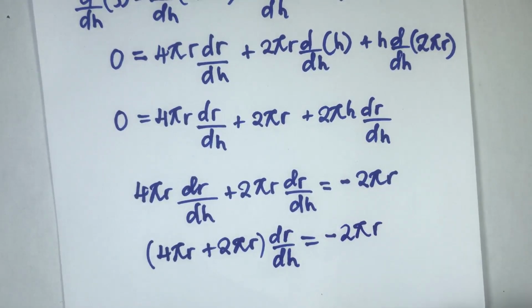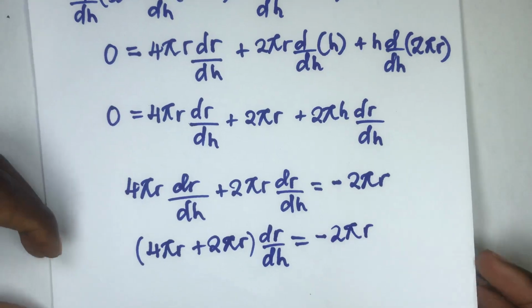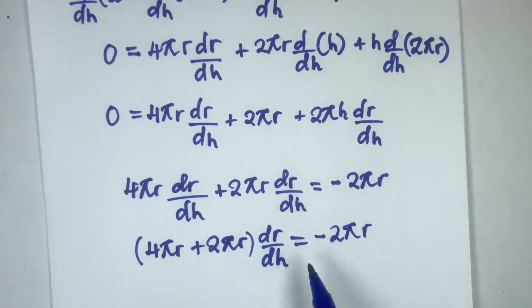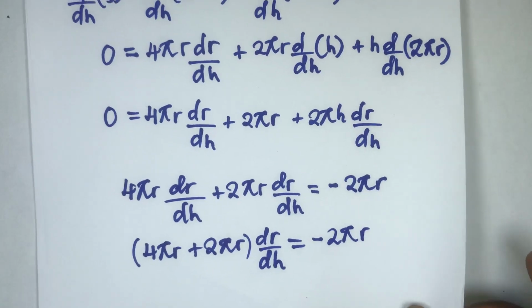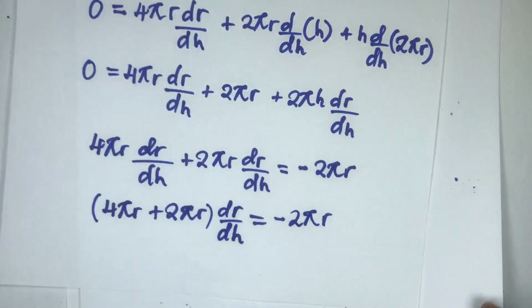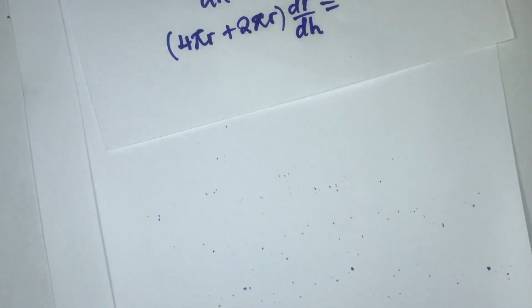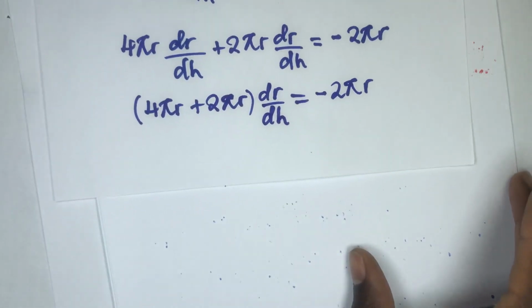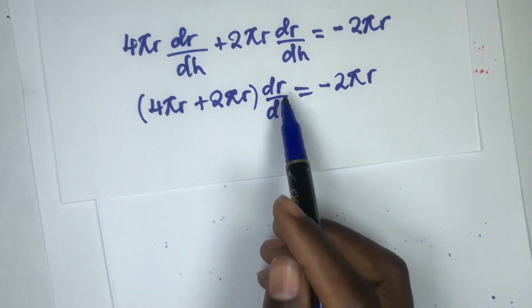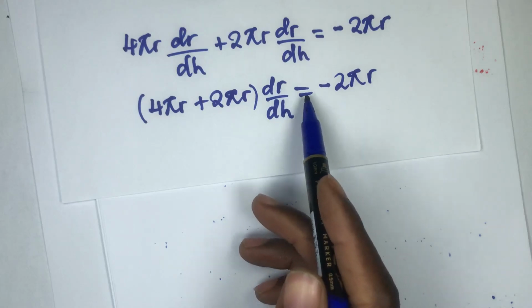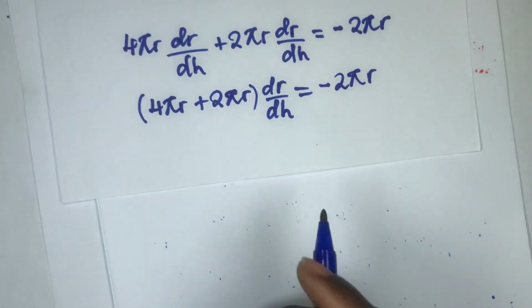Okay, so now we need to isolate the dr dh this side. So to do that, we're going to divide by this on both sides there. So let's just do this on the next piece of paper. So now we have 4 pi r this side plus 2 pi r there, dr dh equal to negative 2 pi r there.